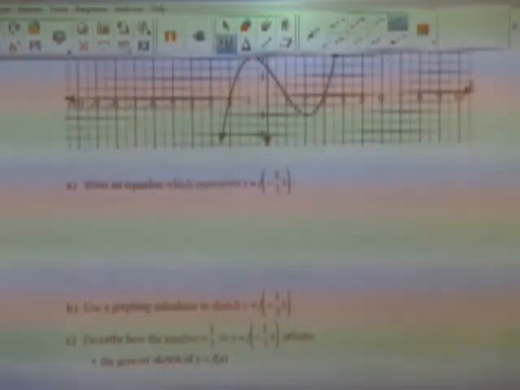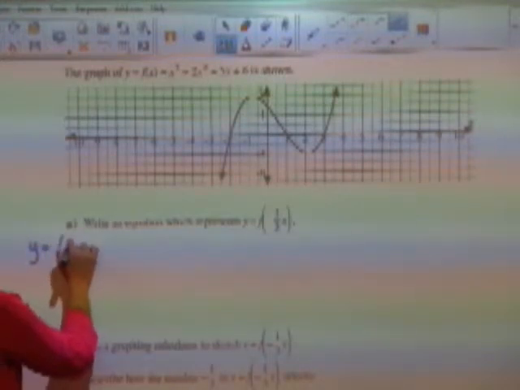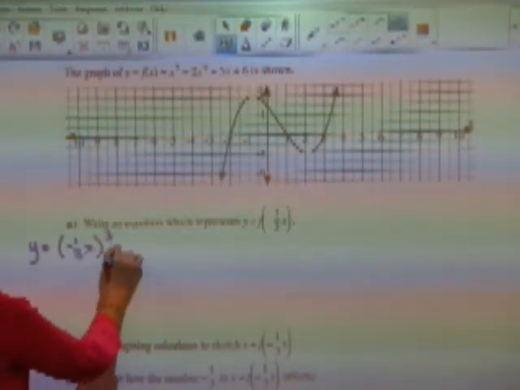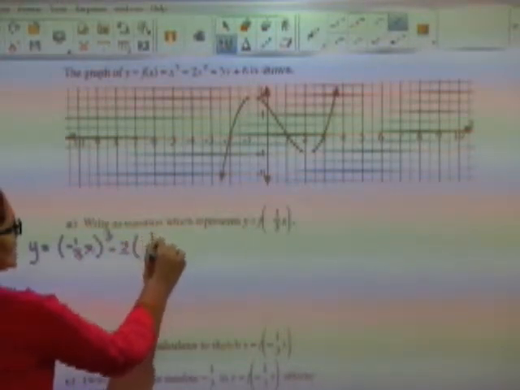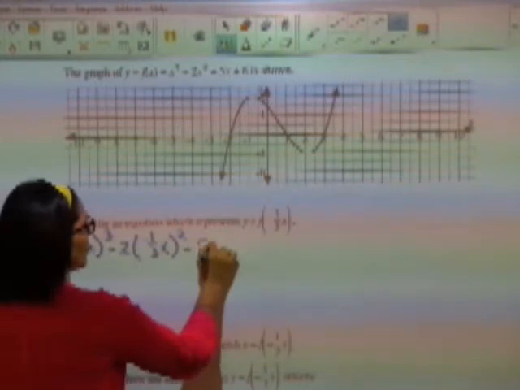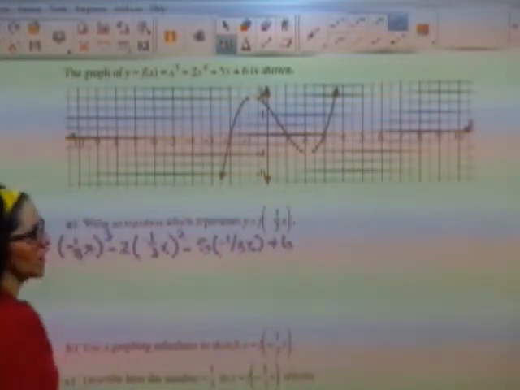So if I was to write an equation that represents f of negative 1/3 x, that means in this equation, wherever I see an x, I'm going to substitute in a negative 1/3. So I will get negative 1/3 x all cubed minus 2 times negative 1/3 x, which would be squared, minus 5 times negative 1/3 x, plus 6.